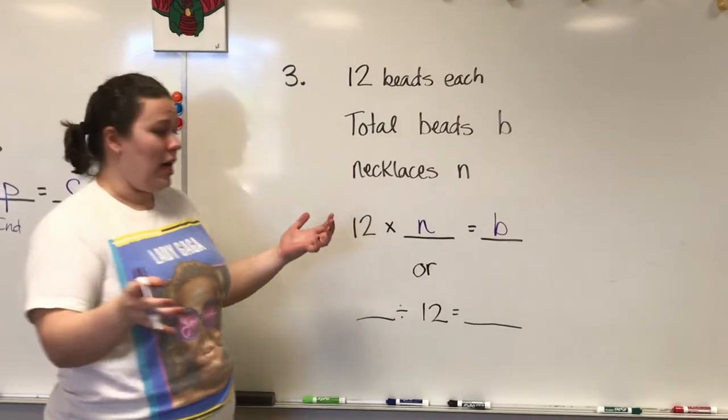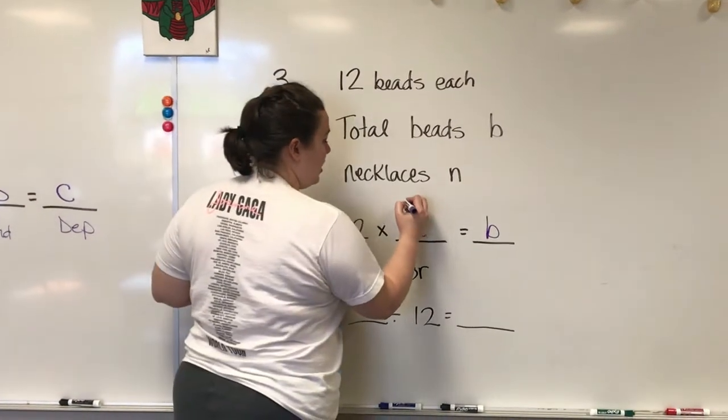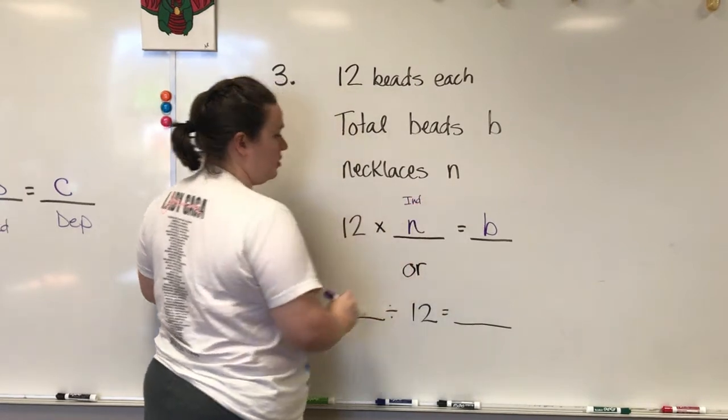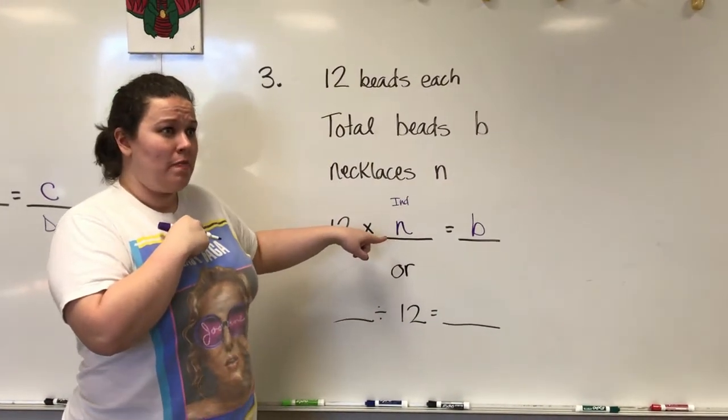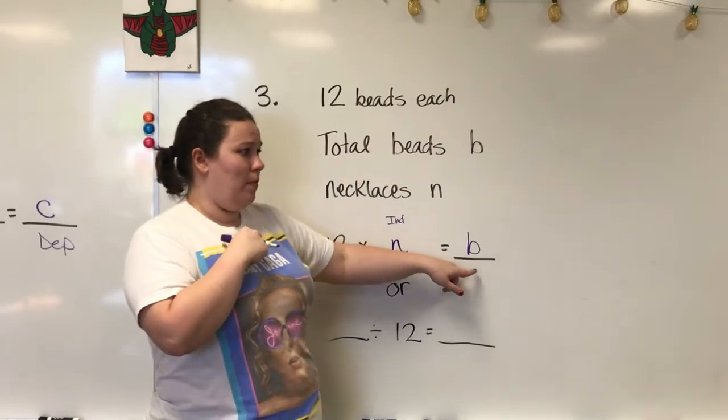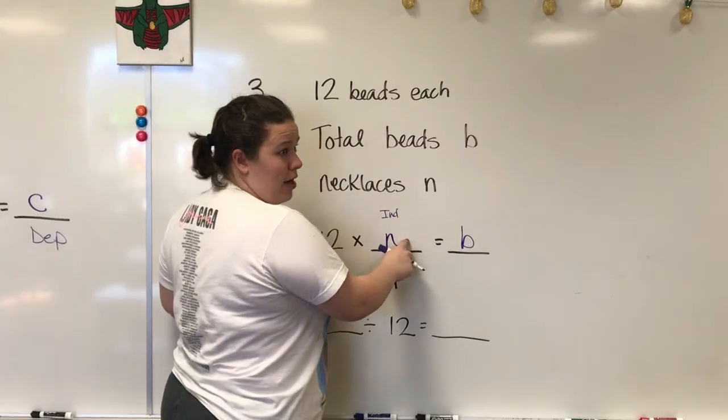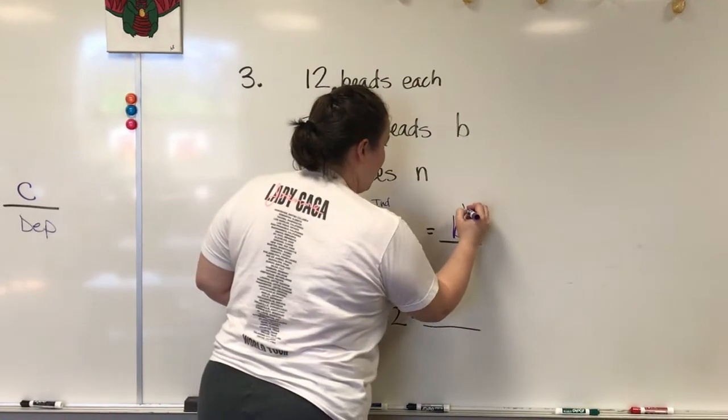So if we do that, then this is the independent, you know, I get to decide how many necklaces I make. But then the beads, that's dependent on how many necklaces I choose to make. Okay, that's dependent.